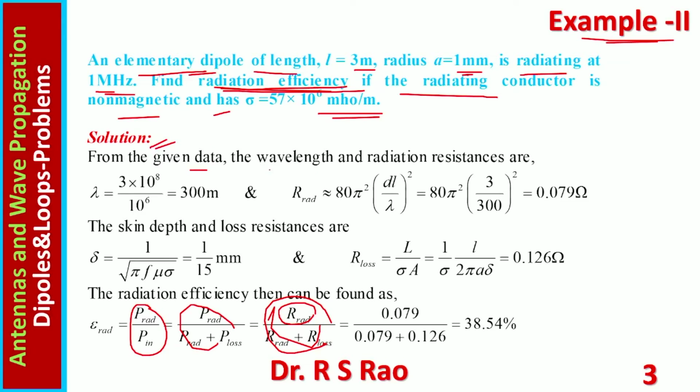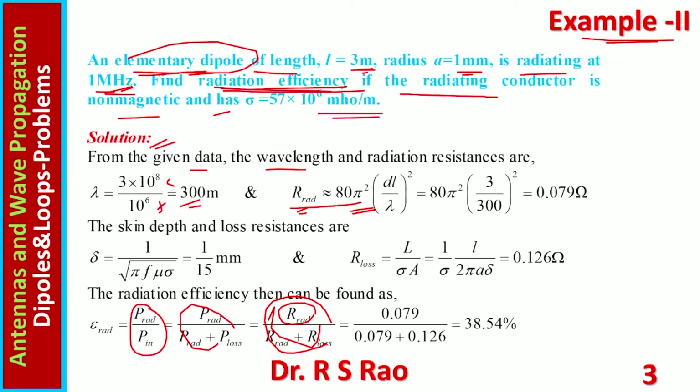From the given data, the wavelength corresponding to the frequency 1 megahertz is 300 meters, c by f. Radiation resistance can be computed using the formula R radiation is equal to 80 pi square (dl by lambda) whole square. Because it is given that the dipole is an elementary one, we can safely use this relation.